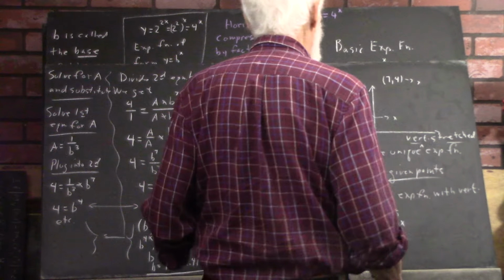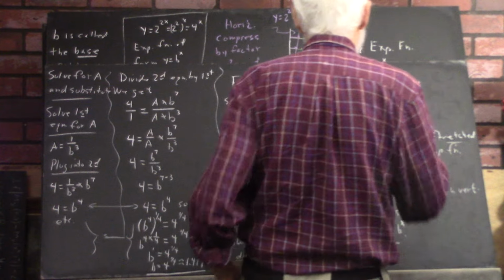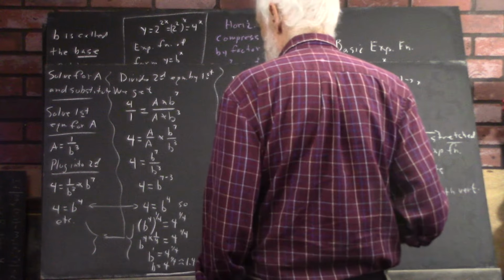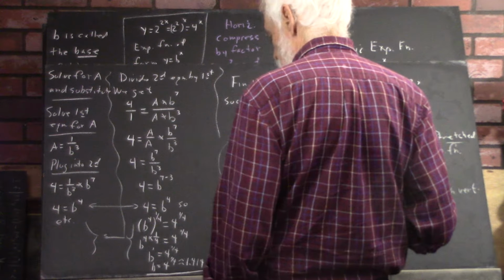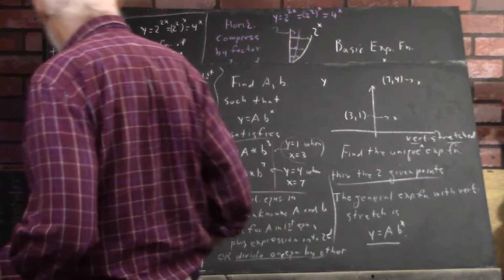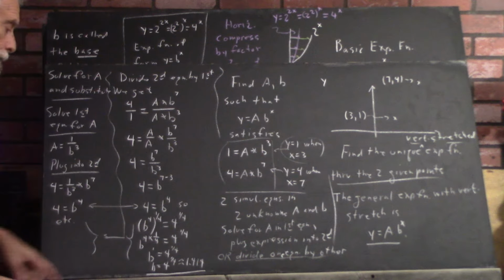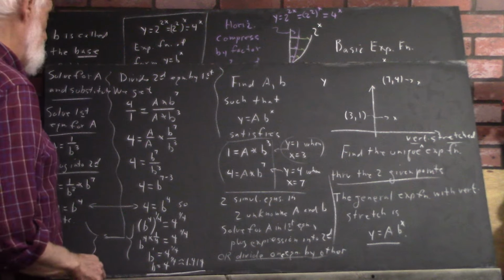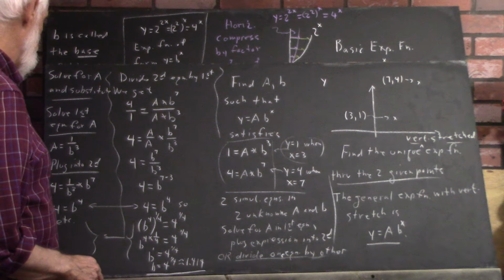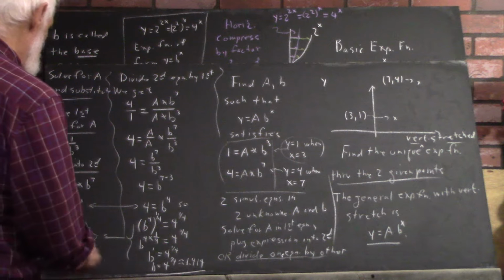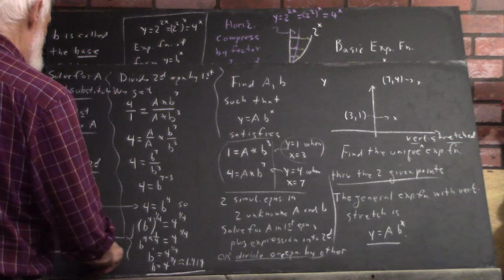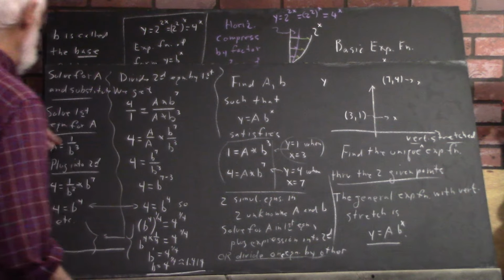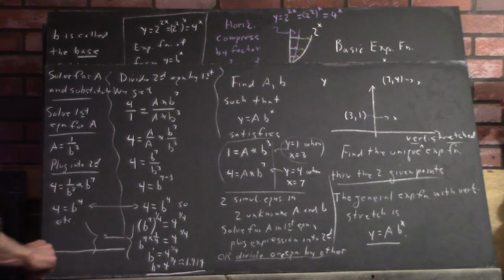So now we know our function is... I didn't complete the solution. Okay, I was satisfied when I got down here and got b, but I've got to now find a. Well, let's go ahead and find a here. a is 1 over b cubed.